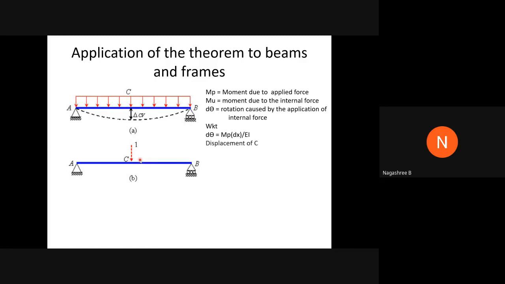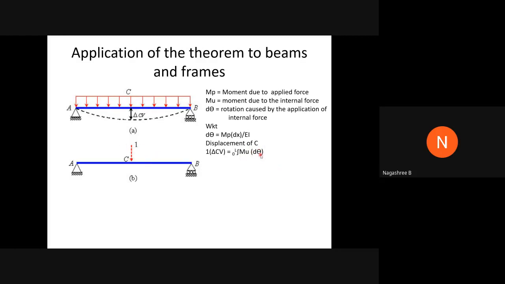So here the displacement of C is 1 into delta CV. 1 into delta CV is the displacement of C due to the application of the unit load, and it equals the integration from 0 to L of mu into d theta.